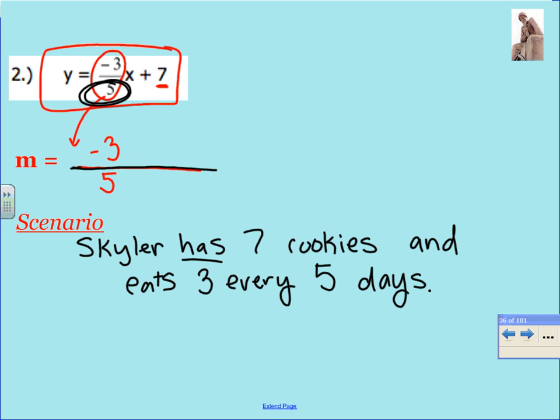I want you to write down what you think that is. So it's negative 3 cookies, because we know she's eating cookies, over 5 days. Remember, bottom is always x, that's always our time. So just make sure you go back and fill in your slope.